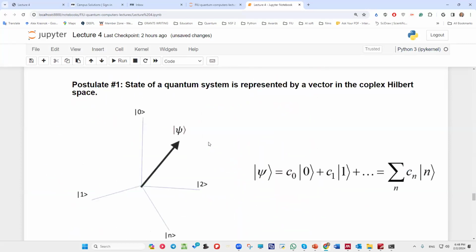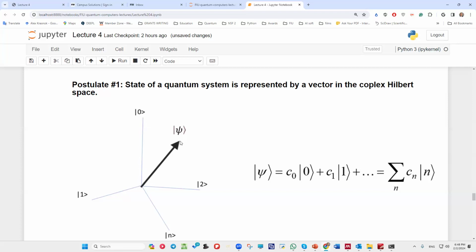Let me get to this picture here. C0 is the projection of this quantum state psi vector on the zero eigenstate. So this distance here is described by C0.